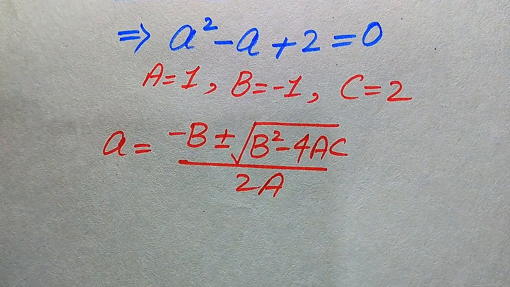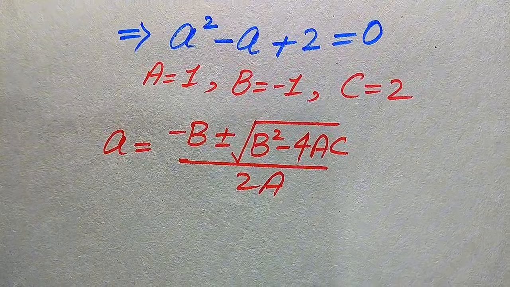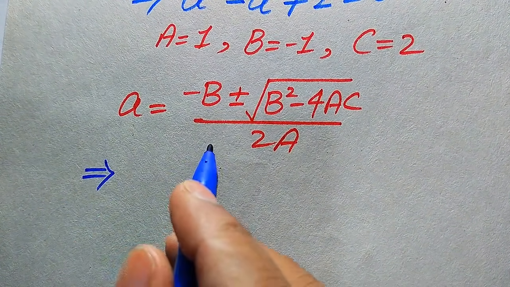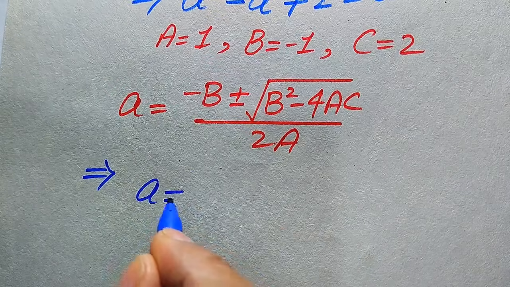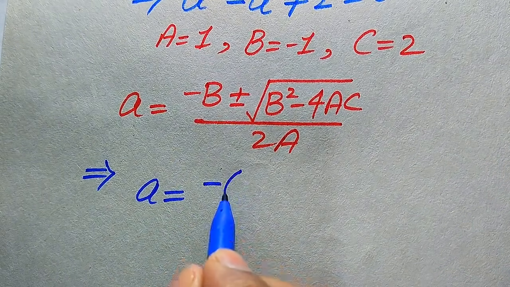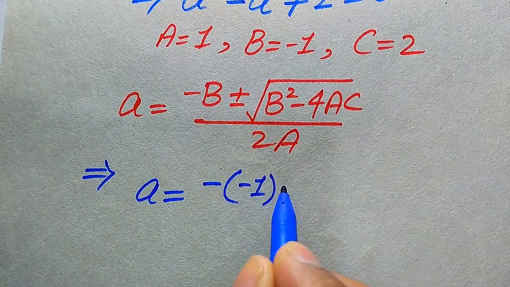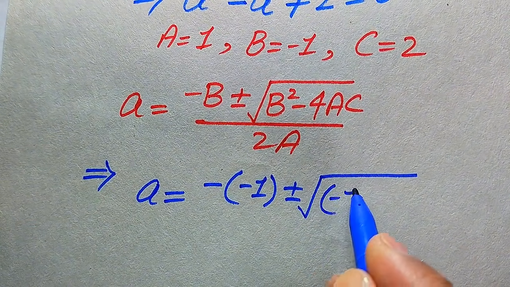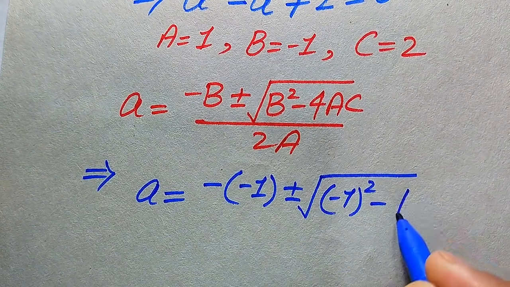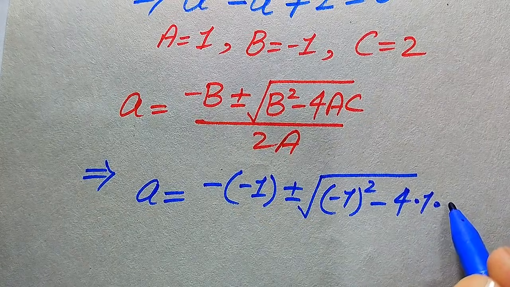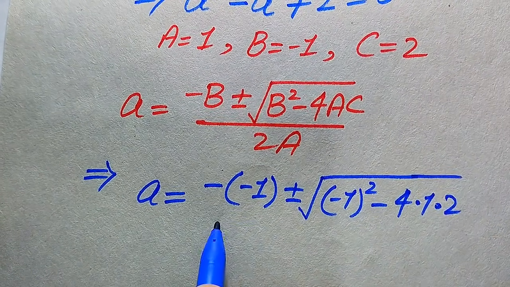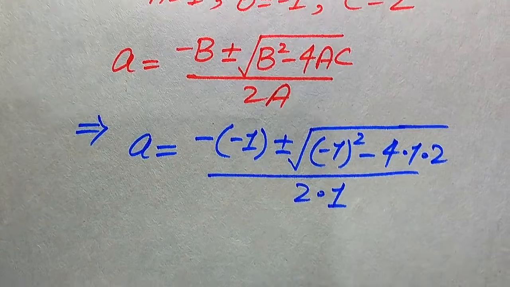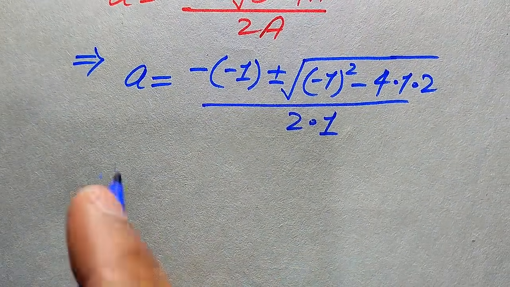So this is our quadratic formula, and here we substitute all the values of a, b, and c. After substituting, it will be written as a is equal to minus b, the value of b is minus 1, plus minus square root of b square, so minus 1 square, minus 4 times a which is 1 and c which is 2, divided by 2 times a, where a is equal to 1.